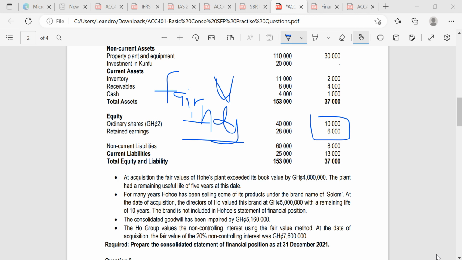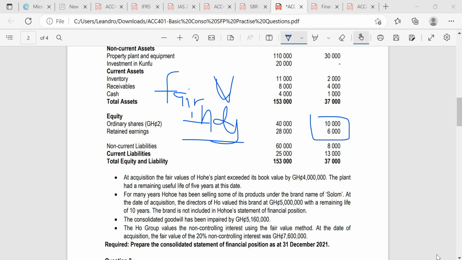And so in this case, this brand, which is Solom, has not been recognized by the subsidiary. So it's not in the books, but the parent gets to recognize it because IFRS 3 allows it. So you have to go back and look at what IFRS 3 says about that. And then you recognize that brand. Again, it is an intangible asset. You amortize over 5 years.